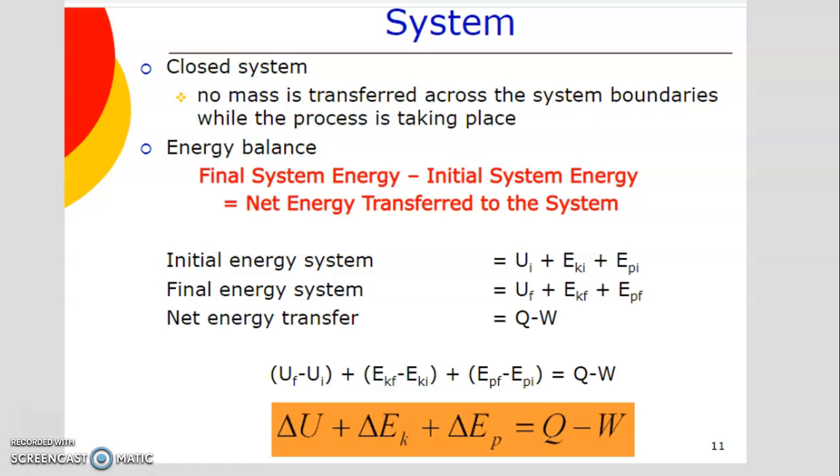For a closed system, there is no mass transferred across the system boundaries while the process is taking place. So the equation is this one, and this is the final equation. We put everything back in and rearrange. It becomes delta U plus delta EK plus delta EP equals Q minus W. Remember this delta equation, please remember, it is important.